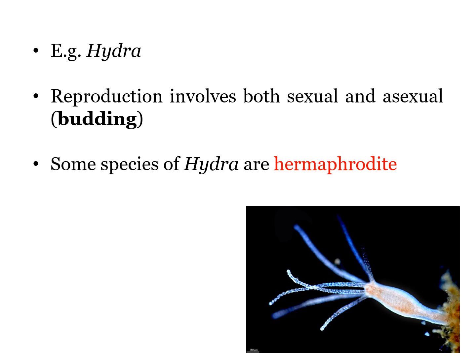So in hydra, similar with the paramecium, reproduction involves both sexual and asexual. Their asexual reproduction is through budding. Some of the species of hydra are hermaphrodite, which means they may have complete or partial reproductive organs that produce both male and female gametes.